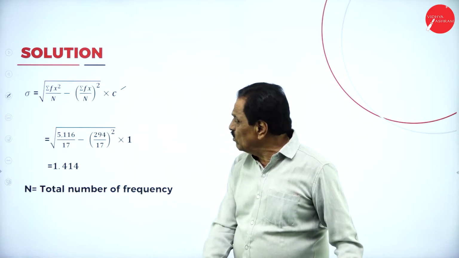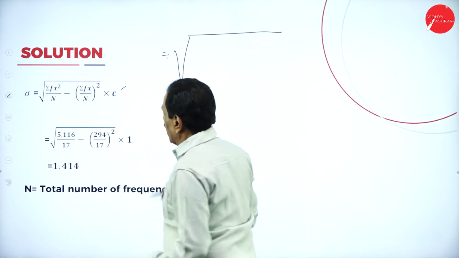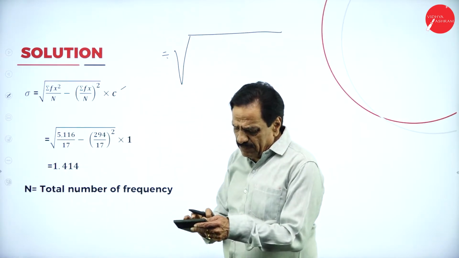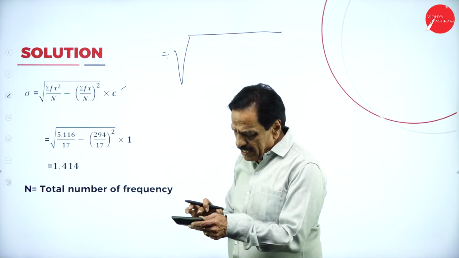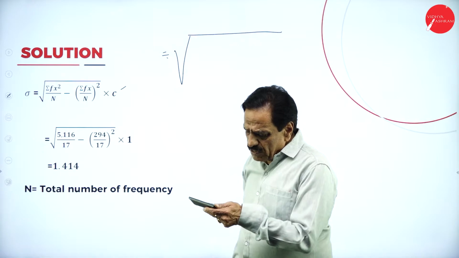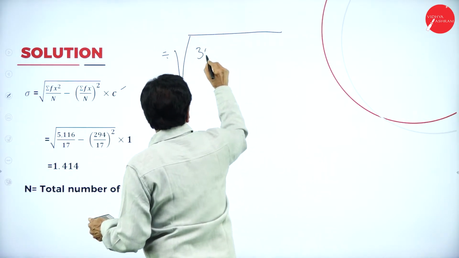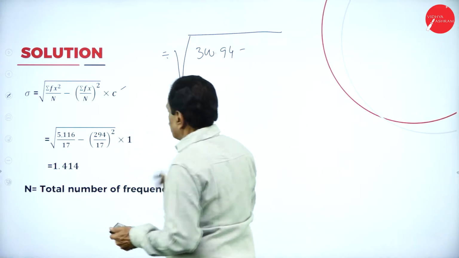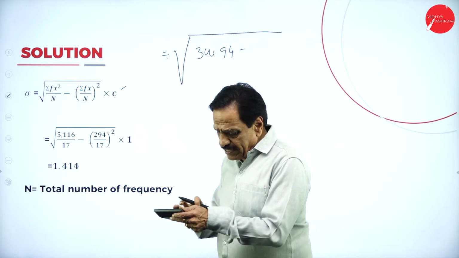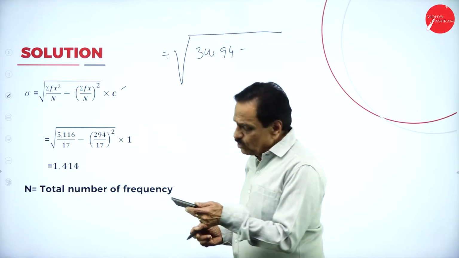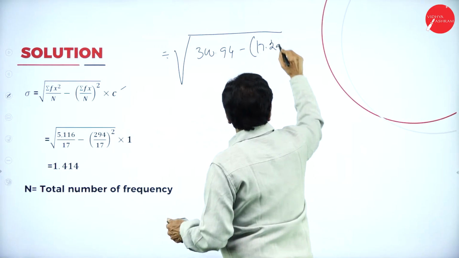Now, when you do this, we take the root of 5116 divided by 17, which is equal to 300.94, minus 294 divided by 17, which is 17.29, whole square.